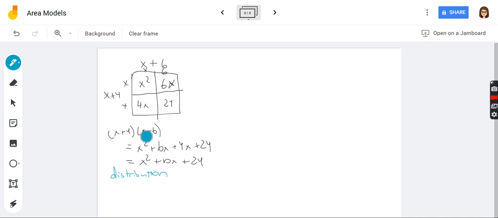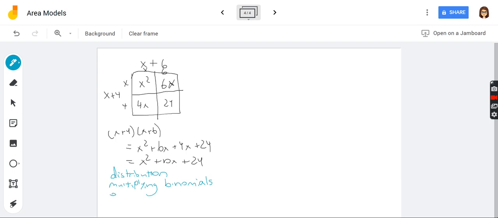I'm multiplying the x times x plus 6. I'm also multiplying the 4 by x plus 6. Okay, so that is distribution. It's also called multiplying binomials. So a binomial is an algebraic expression that has two terms. Okay, so it's multiplying binomials.